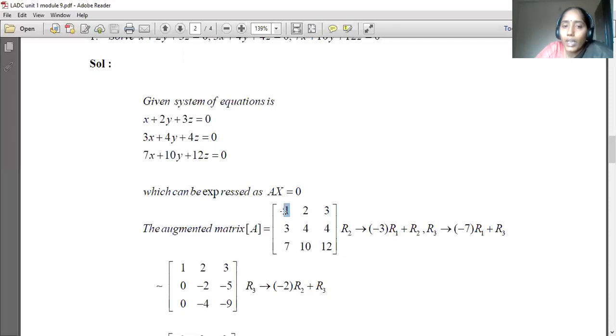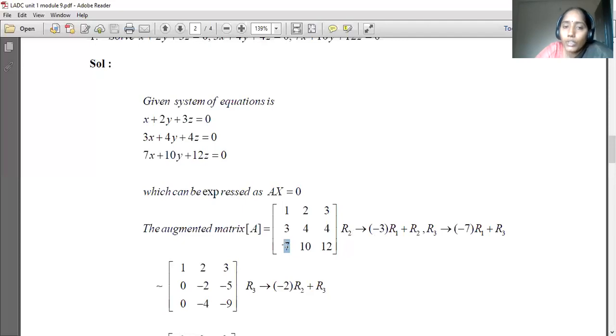Here, consider a11 as the pivot element. Using this pivot element, make the elements in that column 0. Convert this 3 and 7 to 0 by using elementary transformations. Applying the transformation on R2, R2 tends to R2 minus 3 R1.